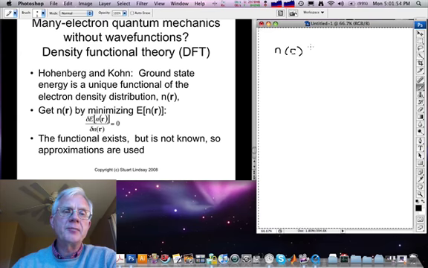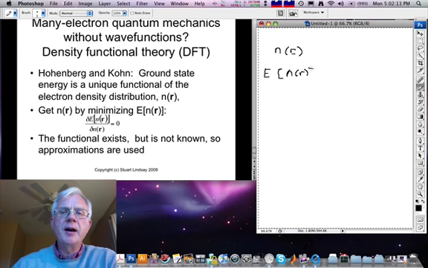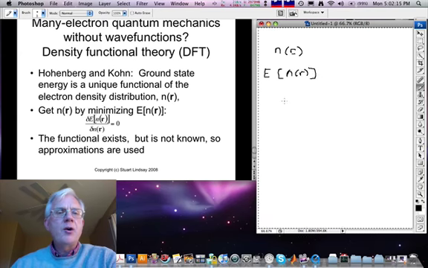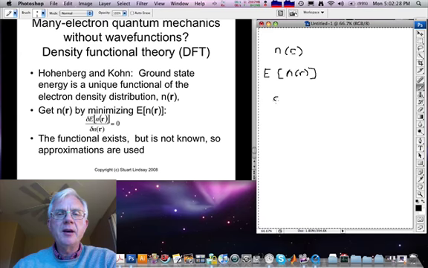No wave functions. The question is, though, this energy functional, and by which I mean a function of a function n(r), could be minimized to determine the energy. Now, this minimization is not regular calculus, and so I'm showing the condition for a minimum energy here with some symbols you're probably not familiar with.